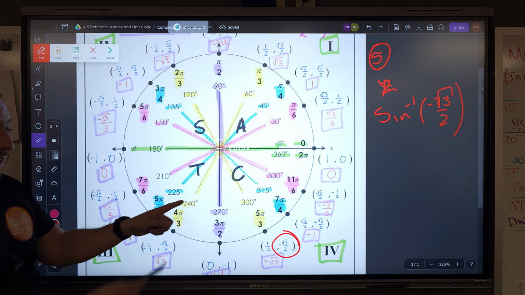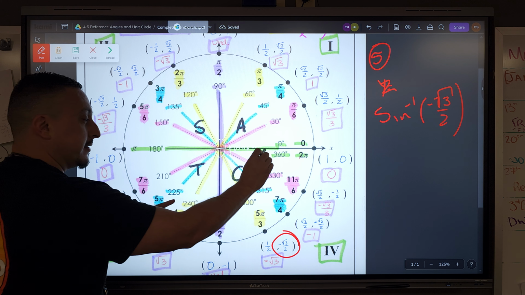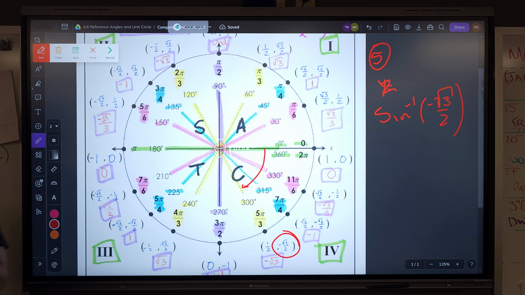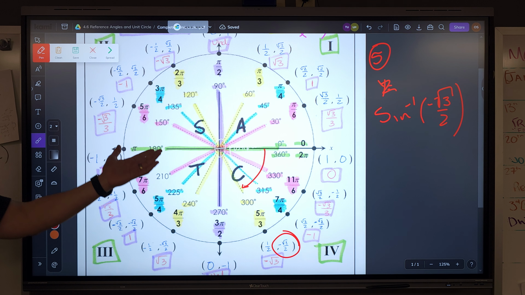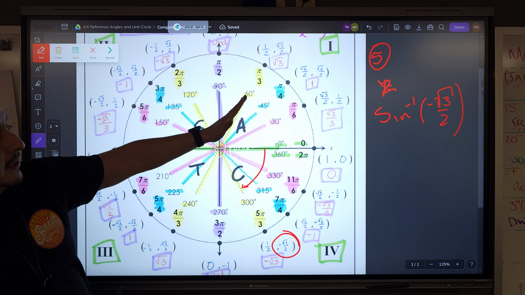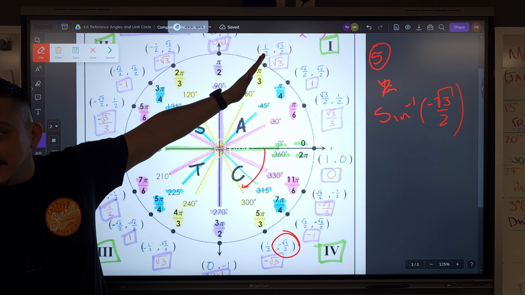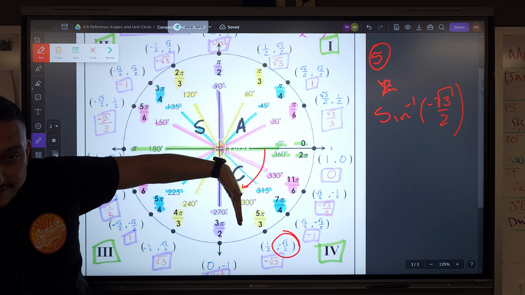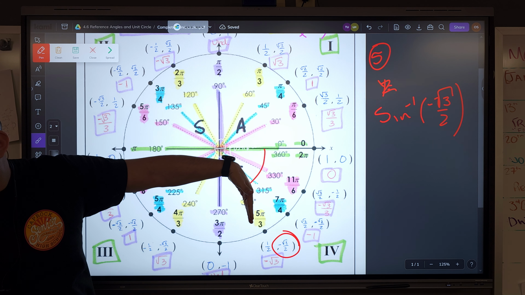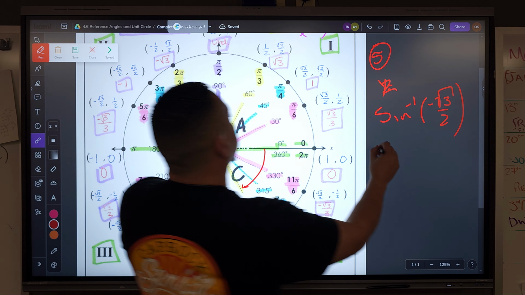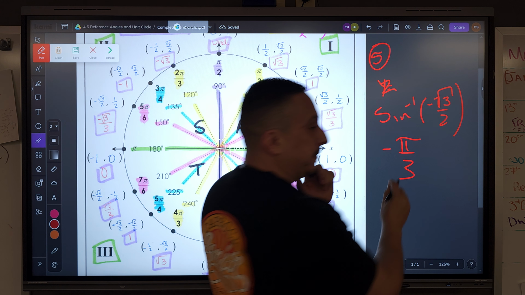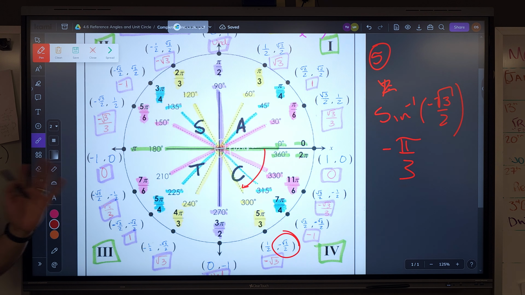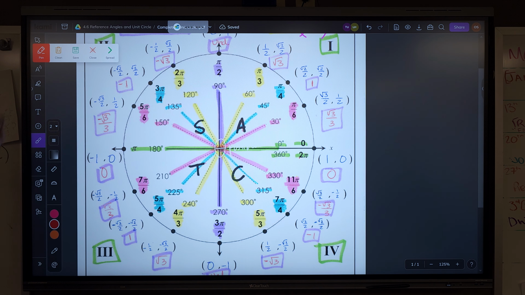I can't get to it by going around, so I have to go backwards. On the color version, it's really easy. It's the yellow one, right? So the yellow one is pi over 3 or 60, so it's negative 60 or negative pi over 3. How many of you got it? Be honest. Excellent. Okay, good. Okay, one last one. Any questions though right now?